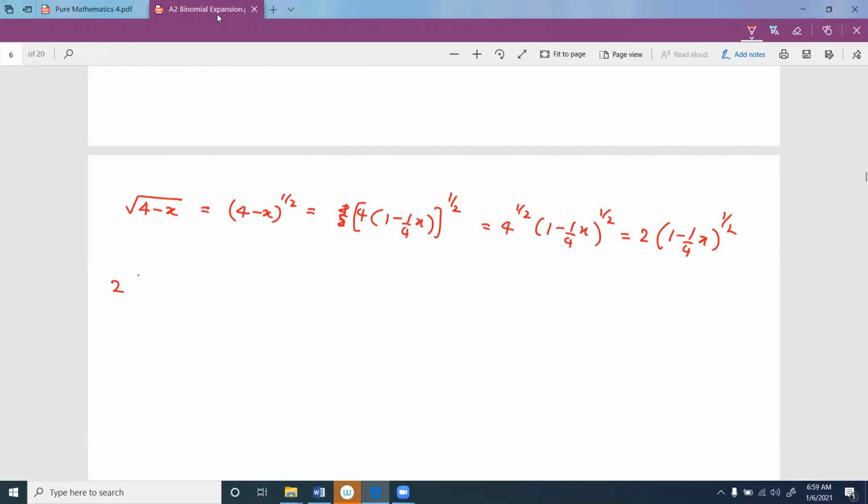So it turns up to 2 times 1 plus n, where n is half, x is 1 over 4x to the power, divided by factorial 1. Then n minus 1, 1 over 4x to the power 2 over factorial 2.